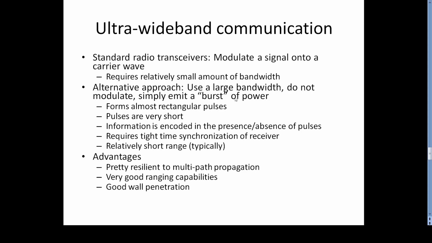It forms rectangular pulses, and these pulses are very short, and the information is encoded in the presence or absence of pulses, but it requires time synchronization of the receiver.